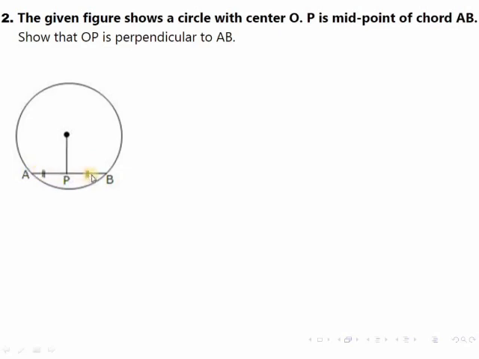So this line from the center is bisecting the chord AB, right? Now what we need to show here is that this line is perpendicular to the line AB. Remember P is the midpoint, so AP and PB are equal.